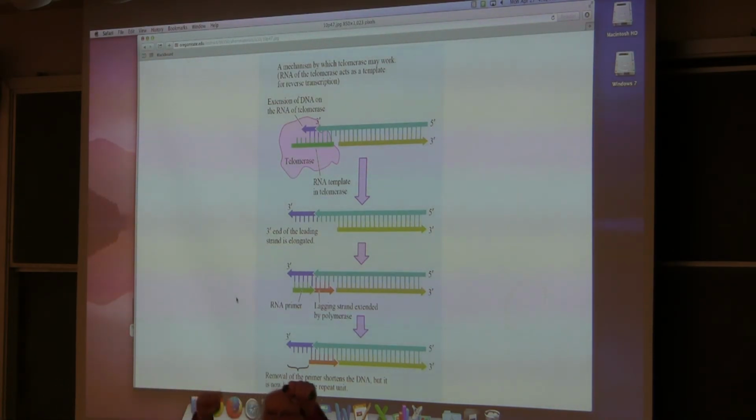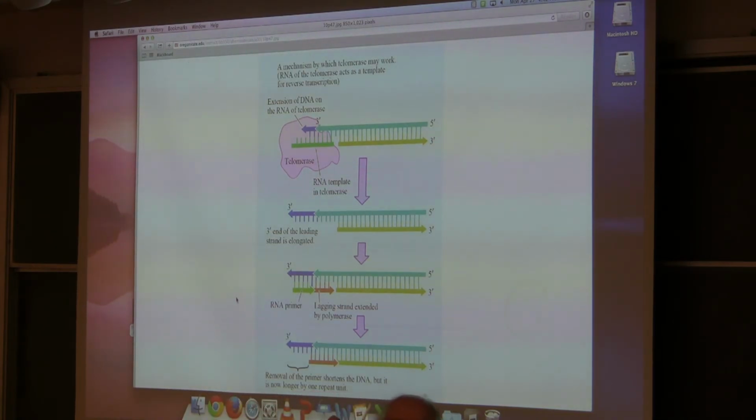Let's imagine that we're at the end of a chromosome. We have a primase that starts at the very end, and it makes a little piece of RNA to start that replication. You with me? DNA polymerase says, oh, there's a start. I'm going to extend it and do my thing. In the case of a circular DNA, polymerase 1 comes back around, runs into that RNA, and what does it do? It removes it and replaces it with DNA.